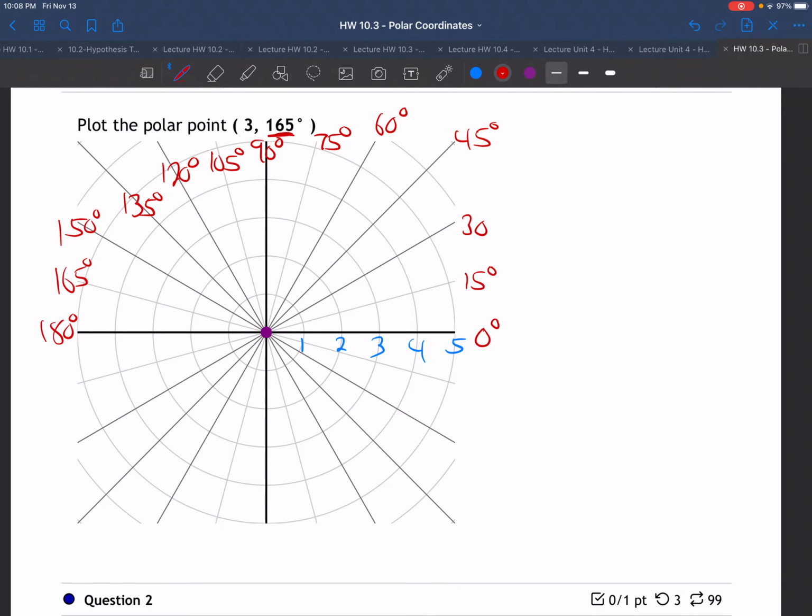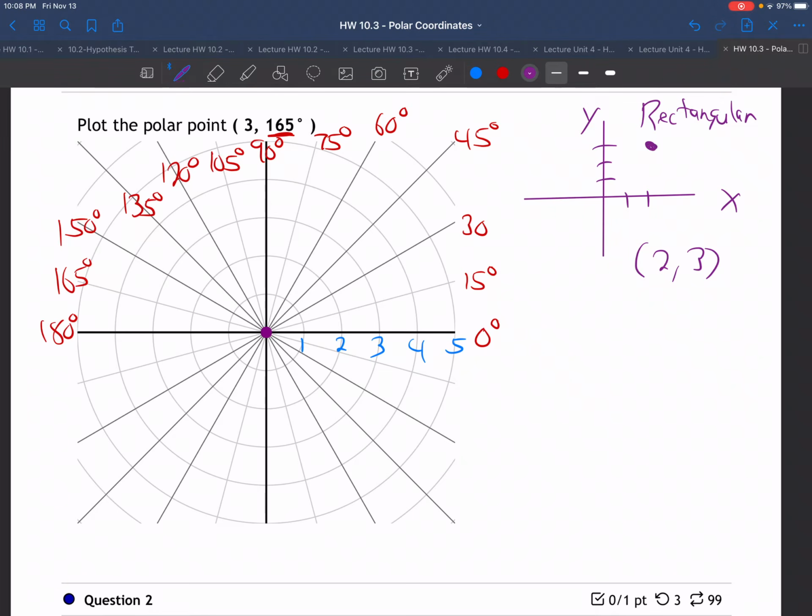So how do we locate that point? Well, this is a new way to locate points. You know how to locate points in the rectangular coordinate system, right? So this is the rectangular system where we have an x-axis and a y-axis, and if we have a point, let's say 2, 3, we go out 2 and up 3.